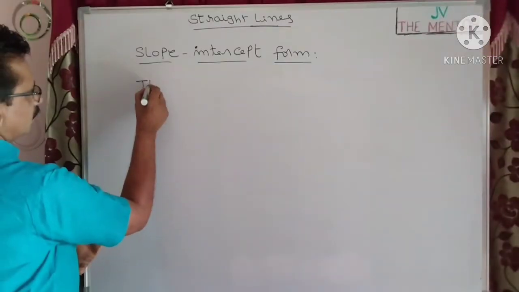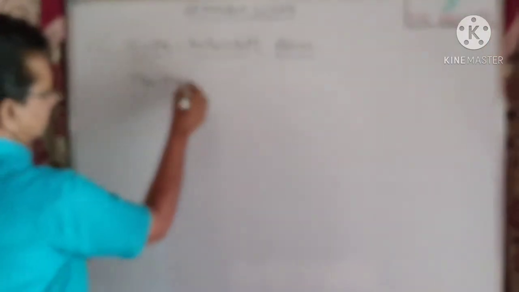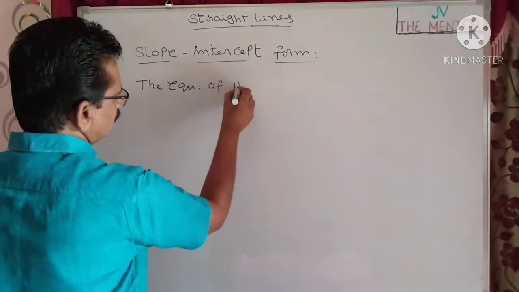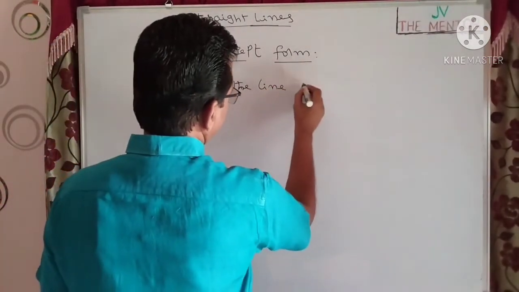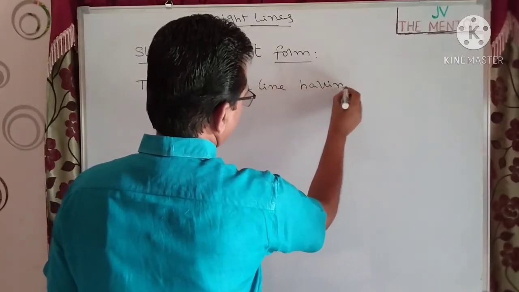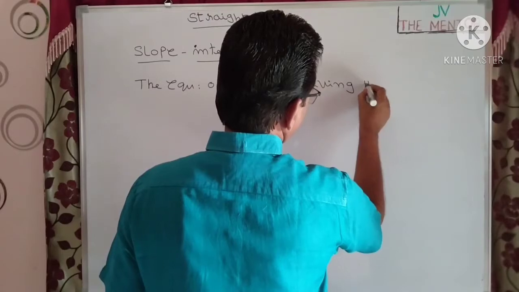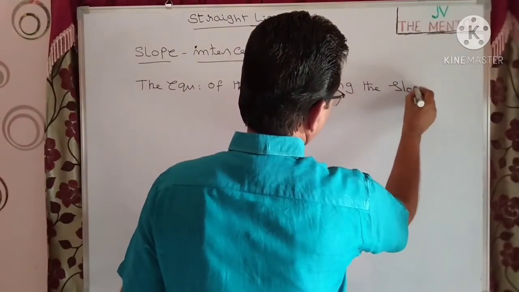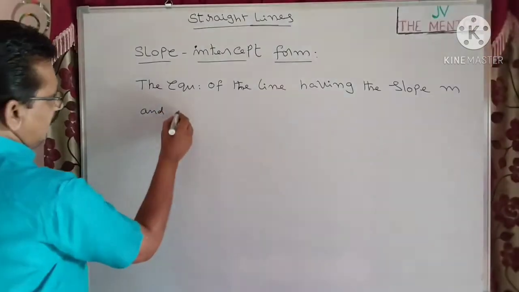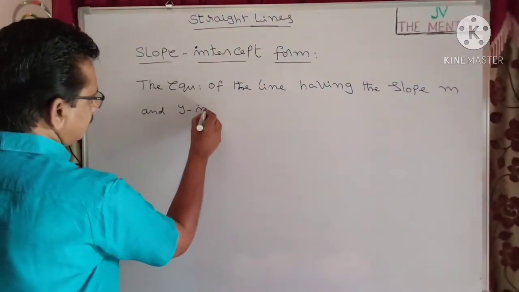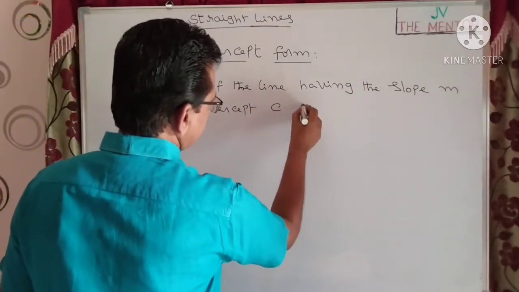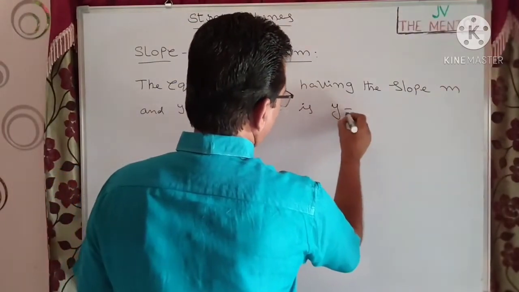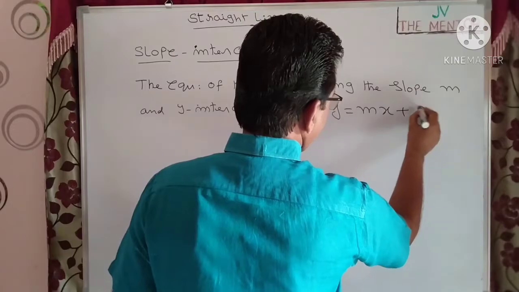The equation of the line having the slope m and y-intercept c is y equal to mx plus c.